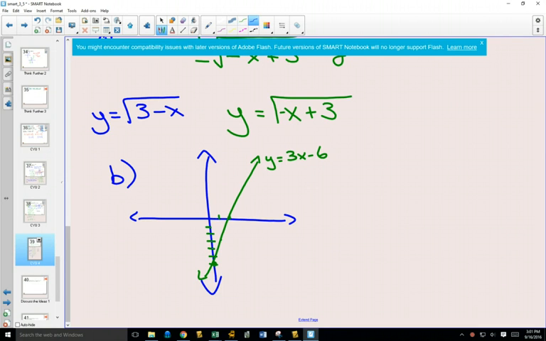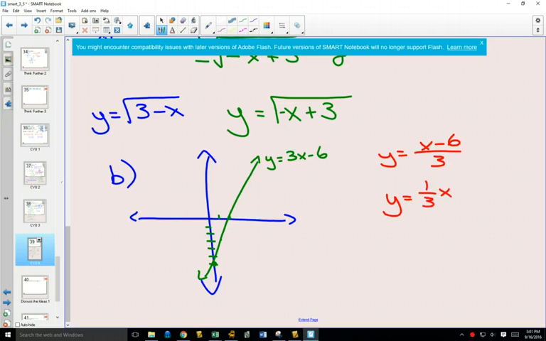For the second graph, they have x minus 6 all divided by 3. One of the things in this course and other math courses, you've got to be able to manipulate things to get it into a form that you're able to graph with. This is a line as well. Can you see that I could rewrite this by dividing each thing by 3?